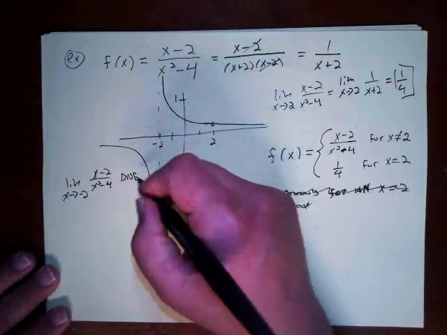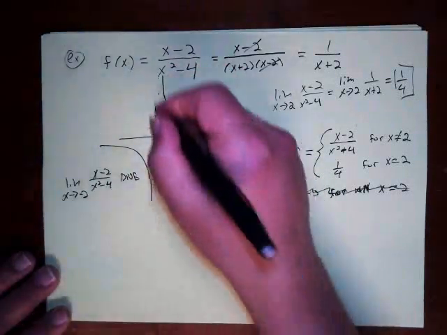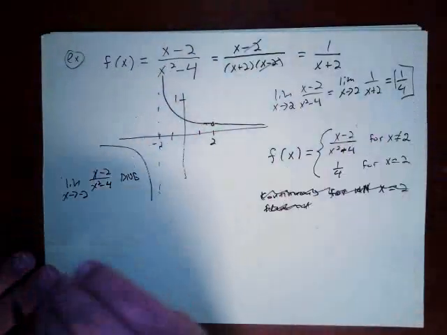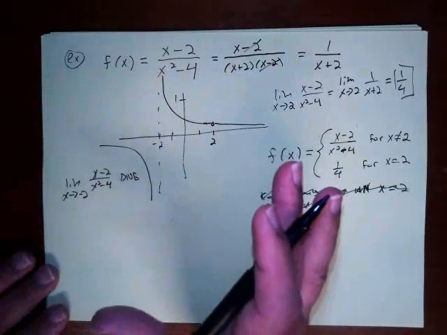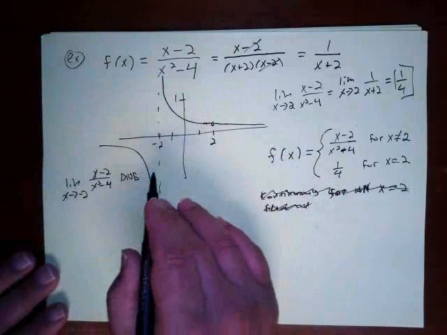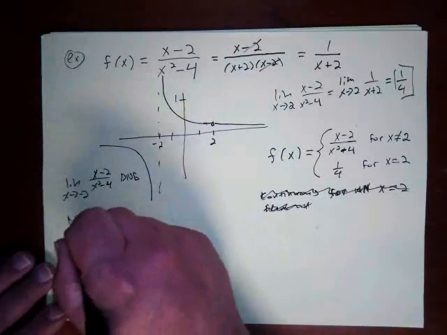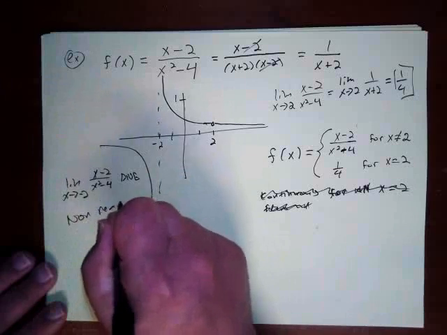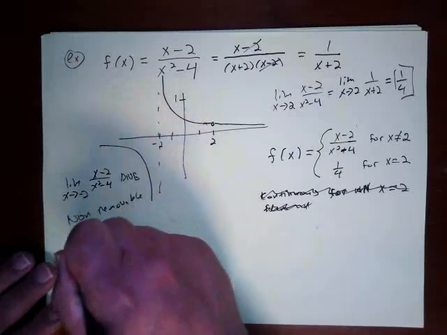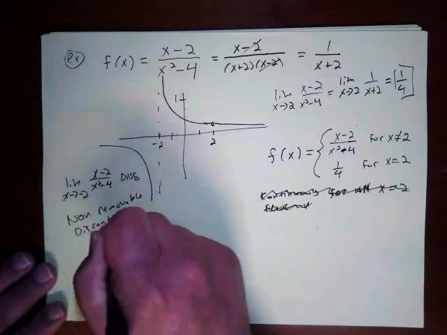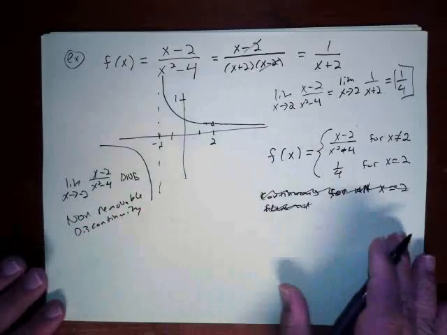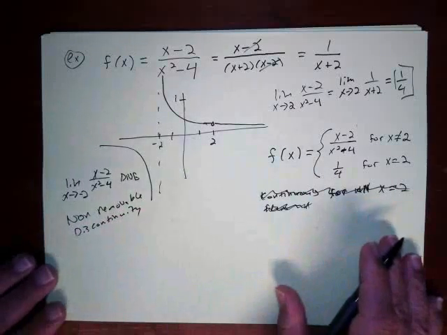It's actually going to infinity. Infinity here, -infinity there, but it doesn't equal a finite value. And so there's no way to remove this discontinuity. So this is a non-removable discontinuity. Okay, a non-removable discontinuity.